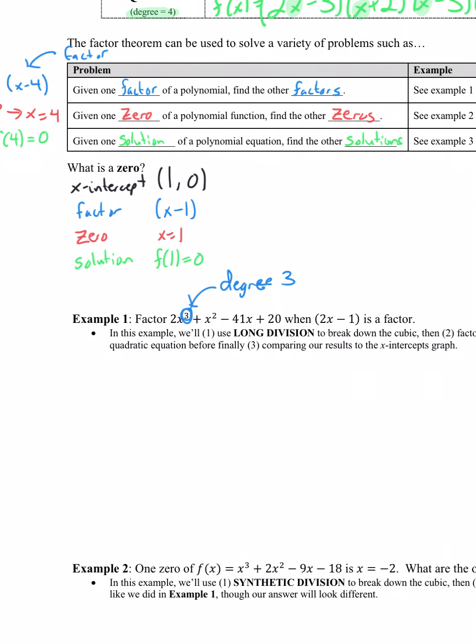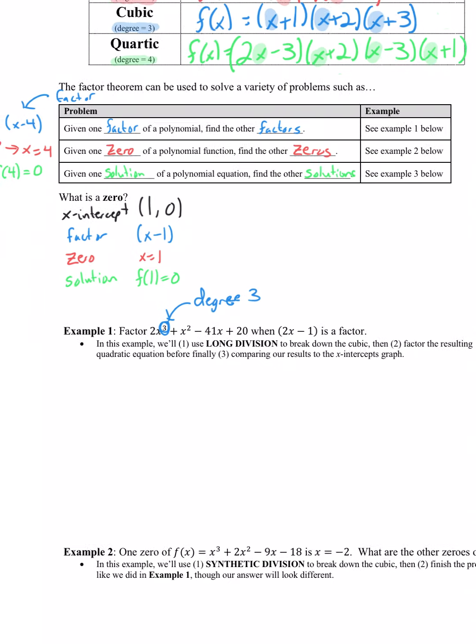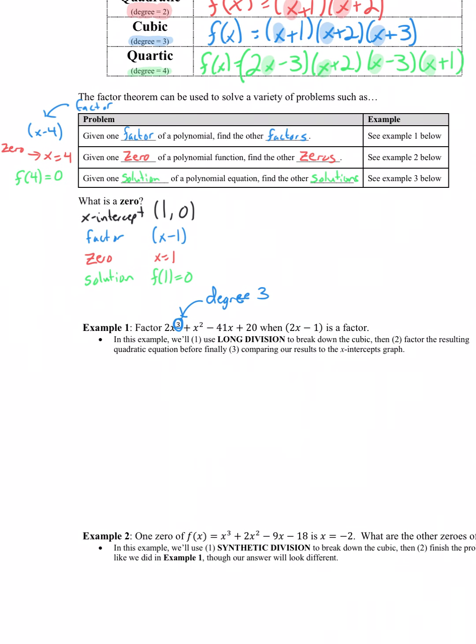In this example, we're going to use long division to break down the cubic. Then we're going to factor the resulting quadratic before finally comparing our results to the x-intercepts of the graph. So we're going to start with long division. I have 2x cubed plus x squared minus 41x plus 20.